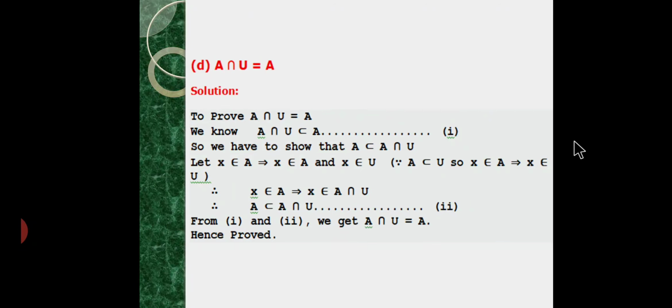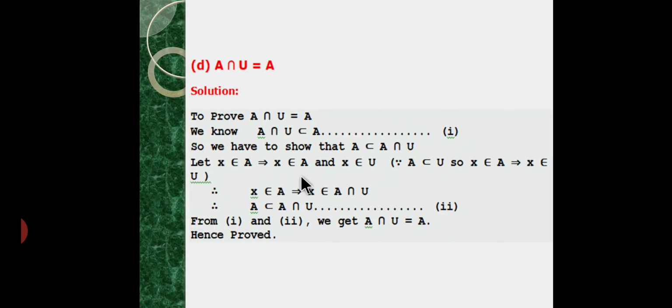Next one, A intersection U is equal to A. So the common elements of the universal set and the set give that same set, that is equal to A. So to prove A intersection U, here U is the universal set. So A intersection U is a subset of A. So we have to show that A is a subset of A intersection U. So let X belong to A. X belongs to A and X belongs to U, because A is a subset of U. Every set is a subset of the universal set.